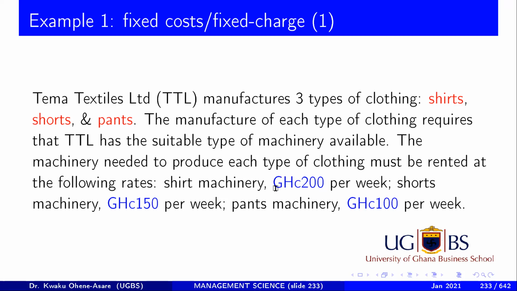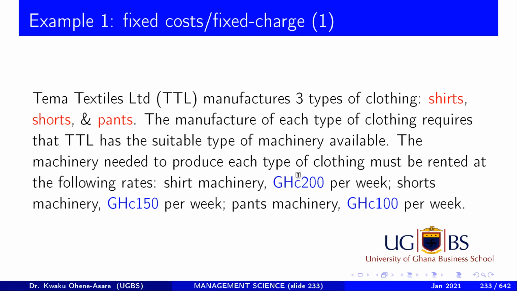And so each of the Y's, remember these machineries are called Y's because they are either there or they are not there. Okay. So we are going to have 200 multiplying the existence of the machinery, which is our binary decision variable.